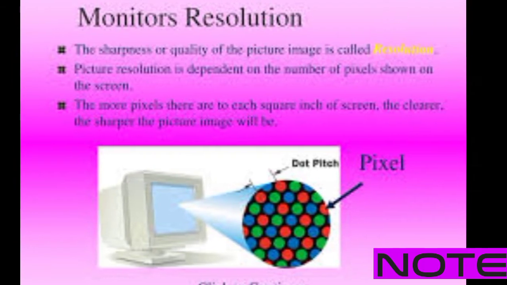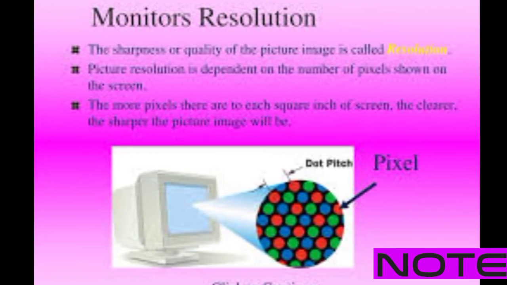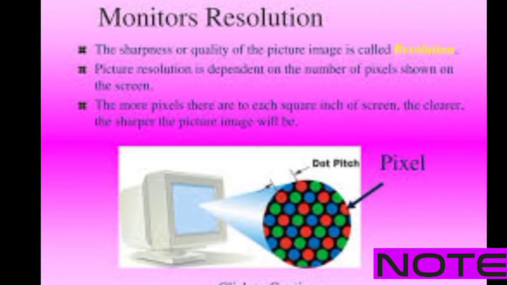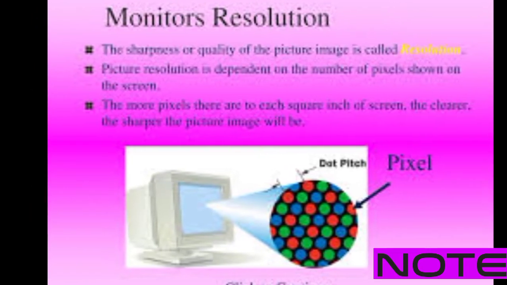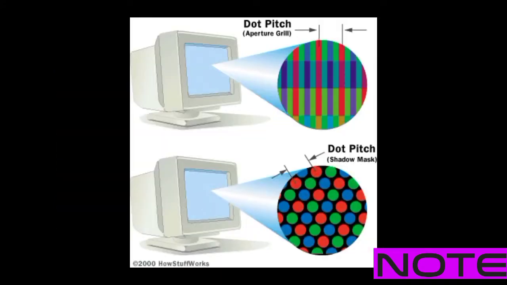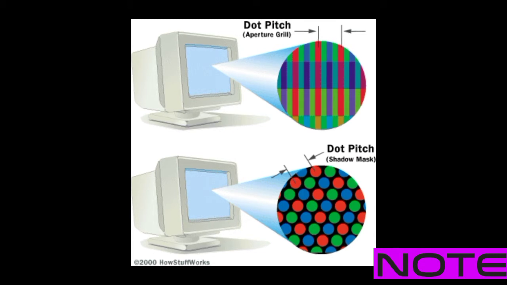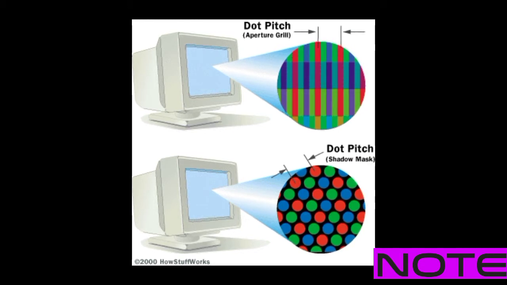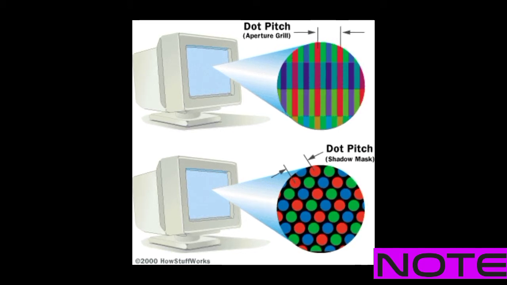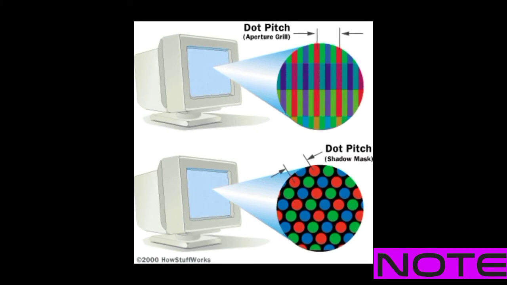The phosphor material is arranged into an array of millions of tiny cells, usually called dots. A color monitor has three electron guns that correspond to the primary colors red, green, and blue, and emit streams of electrons very close to each other, causing the beams to overlap.